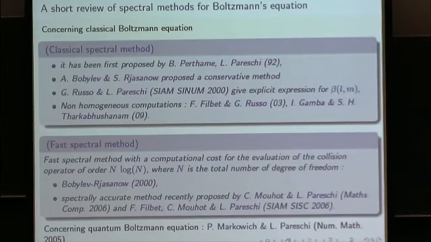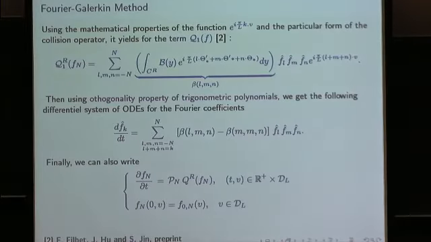I didn't speak about that, but you see that there is something strange here, that you have to compute this kernel beta of Lmn, which is a huge kernel, and it involves an integral over a 5-dimensional domain if you consider that you are in R3.